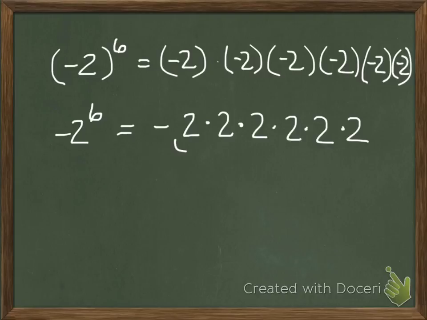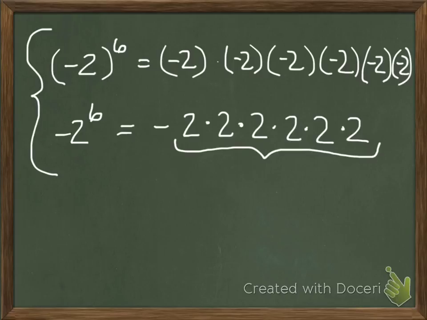Okay, so this is the exponential part, and the negative sign we'll deal with later. So -2 to the 6th is this expression. And as we'll see in a few minutes, these will not be the same expression. They will have a different value.